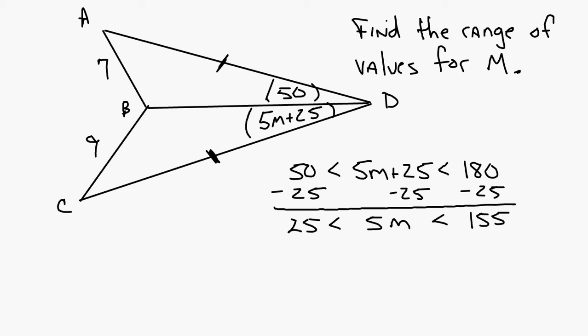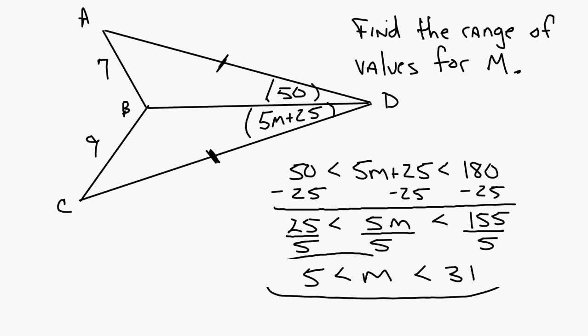And then what? Divide everything by 5. So 5 is less than m, which is less than 31. There's your range of values for m.